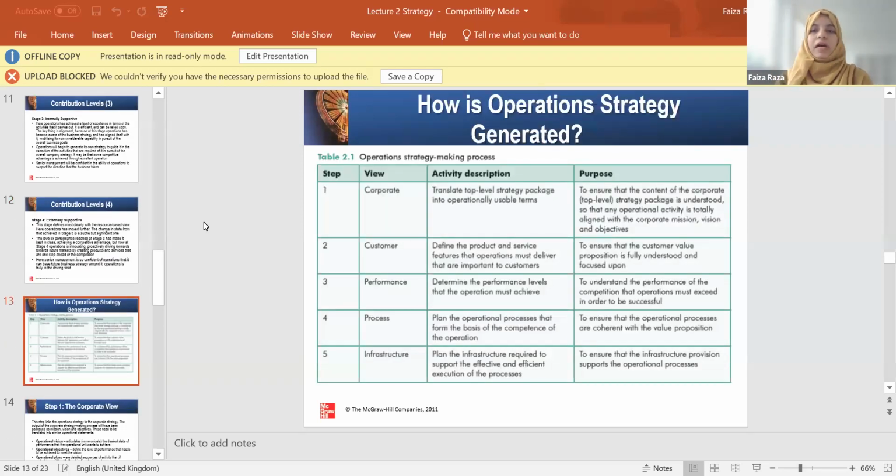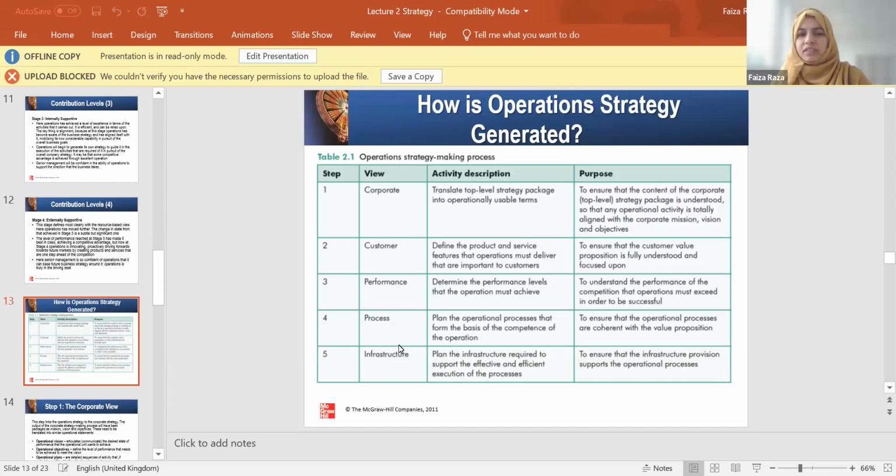So how is operations strategy generated? There are 5 basic assumptions that are kept in mind while making the operation strategy. First of all, it is very necessary to keep in mind the corporate strategy, the corporate level goals.